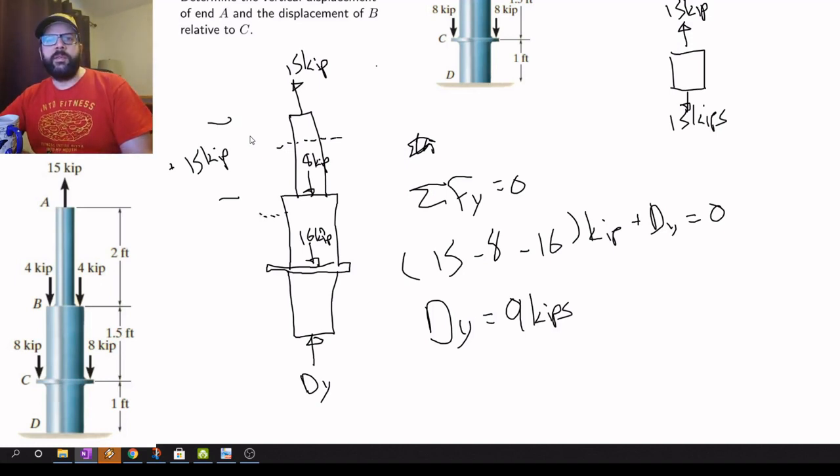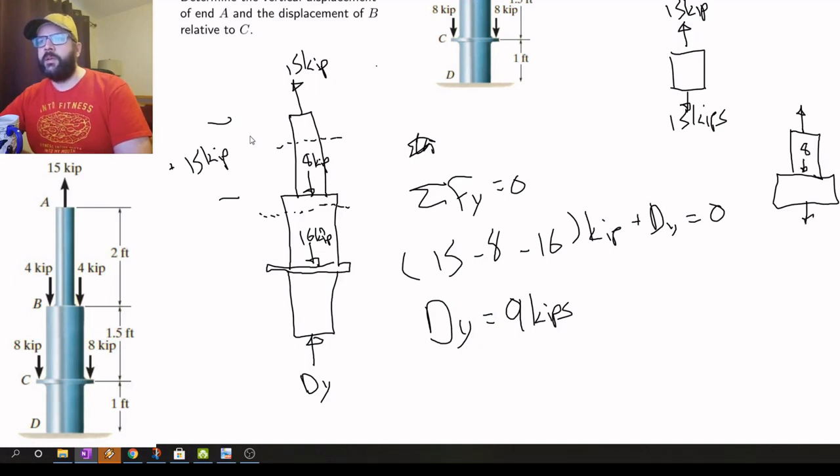If we take a little slice here, then the internal load's going to be based upon 15 up, and 8 down, and then whatever reaction we have there. So that reaction there is just going to be based upon the 15 minus the 8, since they're acting in opposite direction, which means that the internal load there needs to be 7 kips.